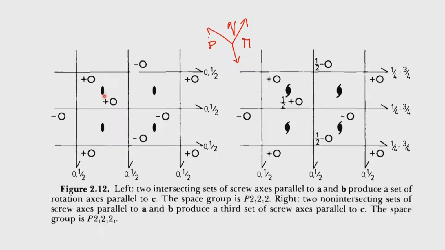But we do want a situation where we can have three intersecting 2-1 screw axes. Why not? Because if we are associating a two-fold symmetry with respect to a given direction, we have a not equal to b not equal to c, that is not a problem, but alpha, beta, gamma are 90 degrees. So if you consider the parallelism with monoclinic symmetry, in a monoclinic symmetry, if you have the y axis as the unique axis or the z axis as the unique axis, if you have two-fold symmetry, you will also have 2-1 symmetry.